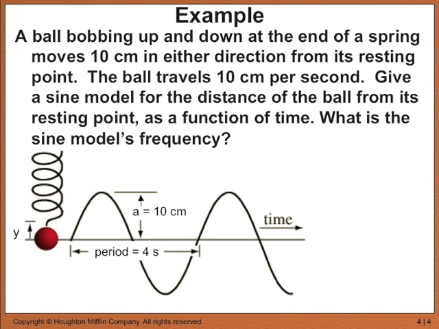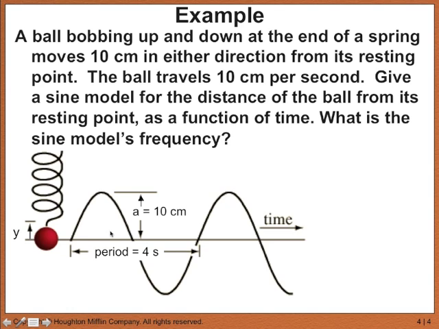So it's covering 40 centimeters. But what we do know is that it's traveling 10 centimeters per second. So that means that every trip, either up or down, takes 1 second. And therefore, if it travels 40 centimeters in one complete cycle, then the period is 4 seconds.